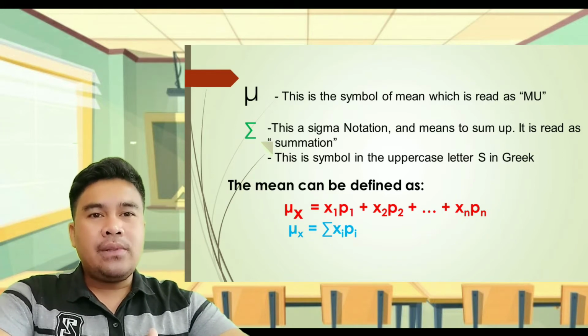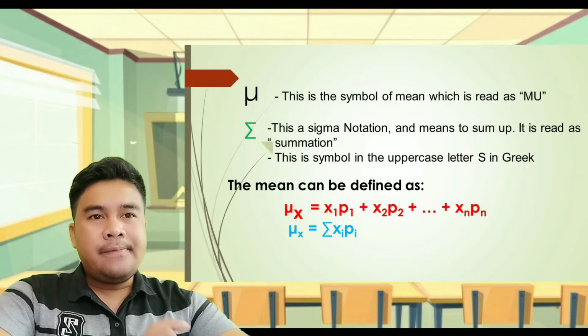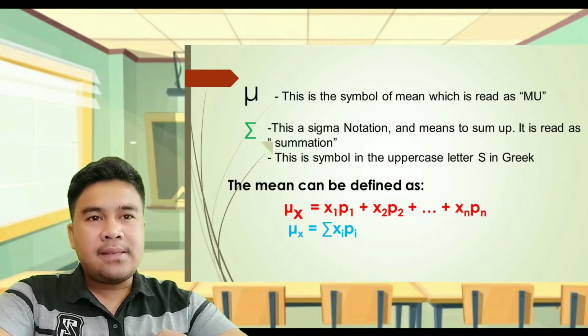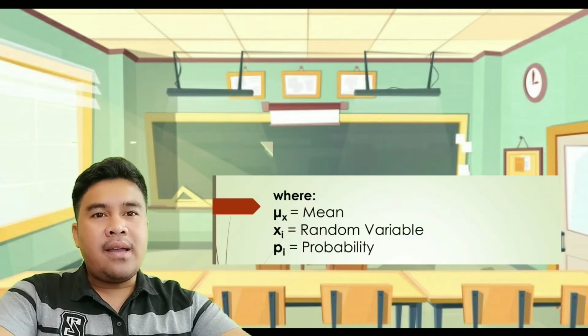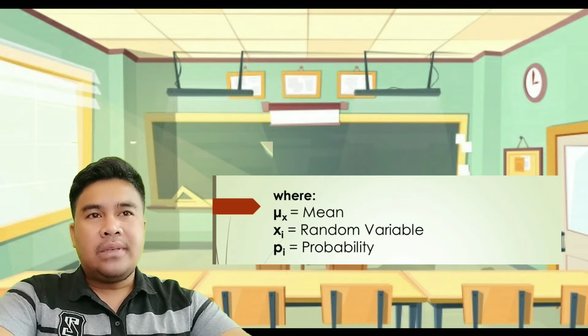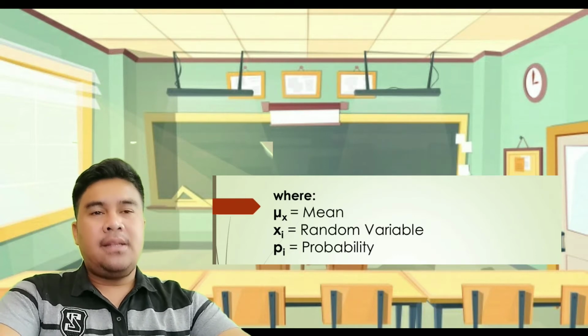So how are we going to compute the mean of the random variable? Our formula is mu sub x equals the summation of x sub i times p sub i, where x sub i is our random variable and p sub i is our probability.